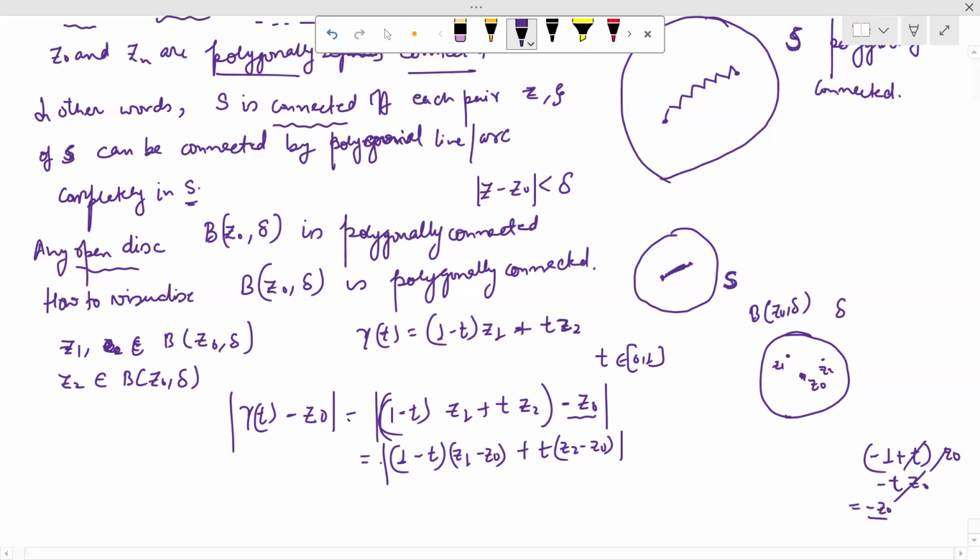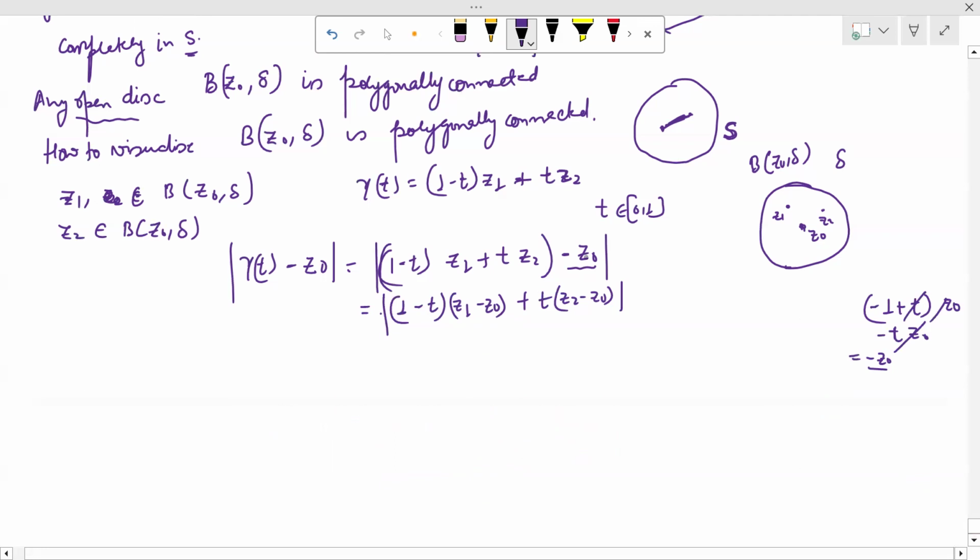Why I have done so, you will be able to understand. Is that clear till now? Look, this is (1 minus t) z1, and t z2, it is fine. Here it was only minus z0. What I have done, I have simply written (1 minus t) into minus z0 plus t into minus z0. So basically plus t z0 minus t z0. This is deliberate, so that I can invoke the triangle inequality.